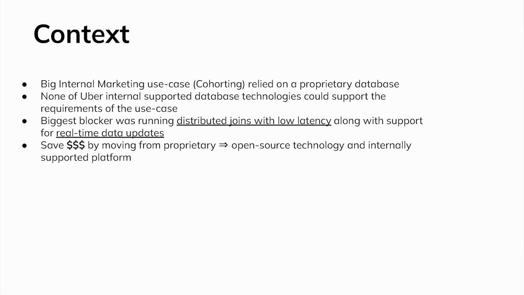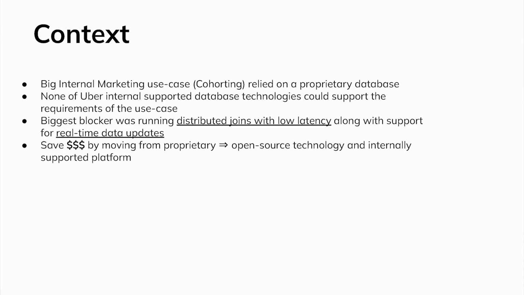Just for context, this was a big internal marketing use case that we had. There is a term called cohorting. I didn't know about this before the use case, but that basically means you have a set of users, say all Uber users, and you have a set of attributes for them.